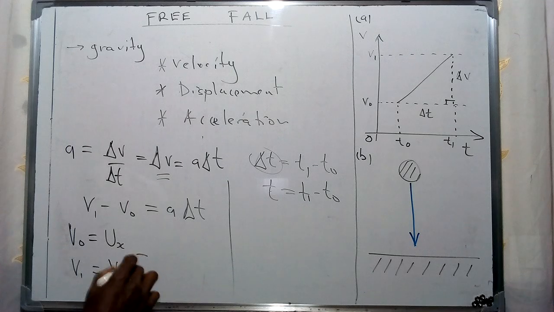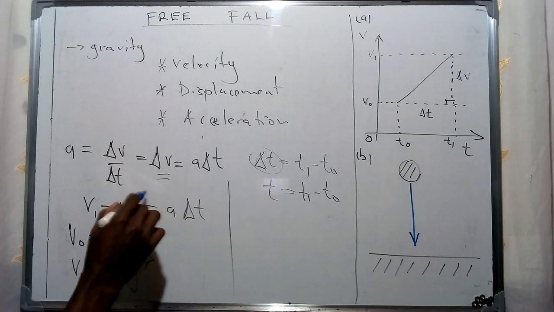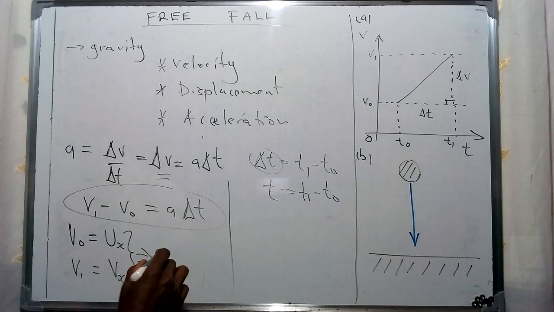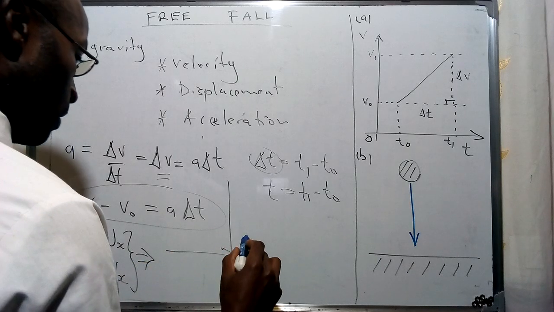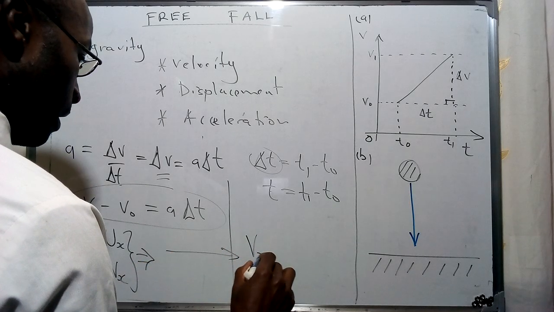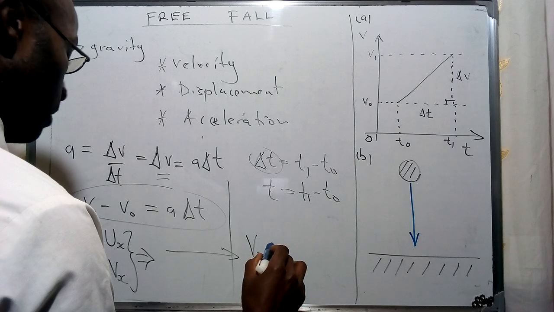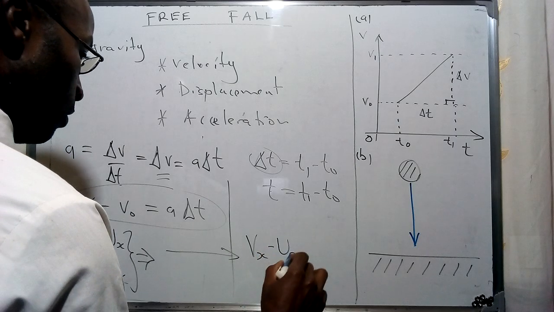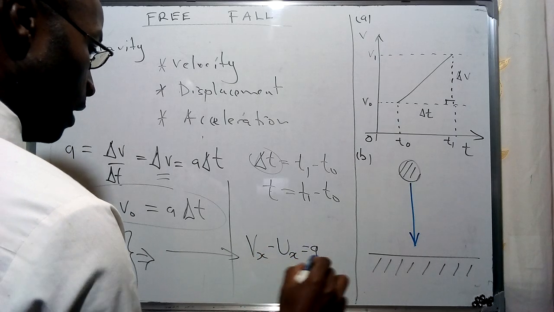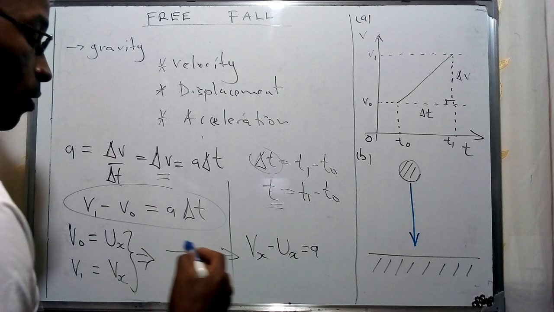So this implies that we can represent the formula as vx minus ux is equivalent to a times delta t, where delta t is given as that one.